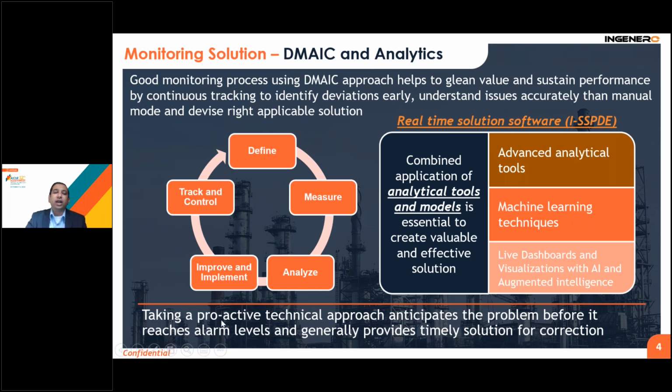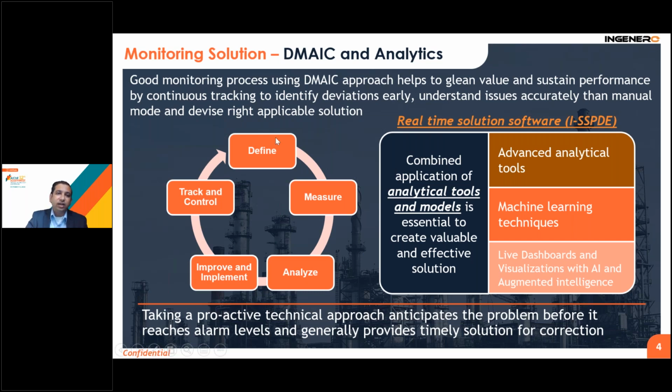We have to note that a proactive technical approach generally helps the best because it helps to anticipate the problem at a much earlier stage, which gives time to implement a solution and have the desired results at the end of the implementation. And to do so effectively, we need a system in place, a system which is driven by a good approach.